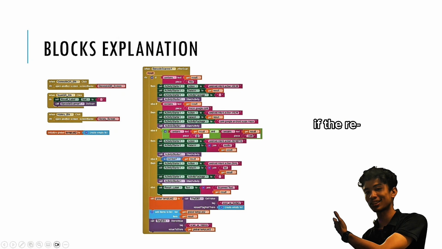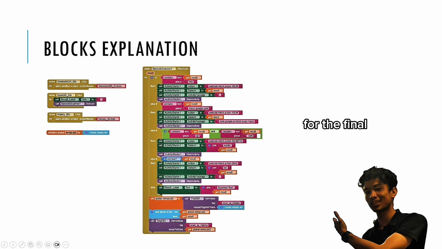Next, if the scan result contains an alias or a .com, it will construct a mailto Android intent action sendto, and it will open the email app to compose a message to the scanned email address.